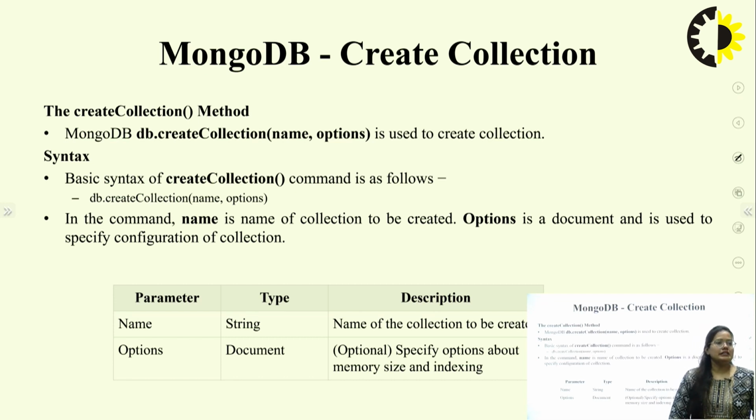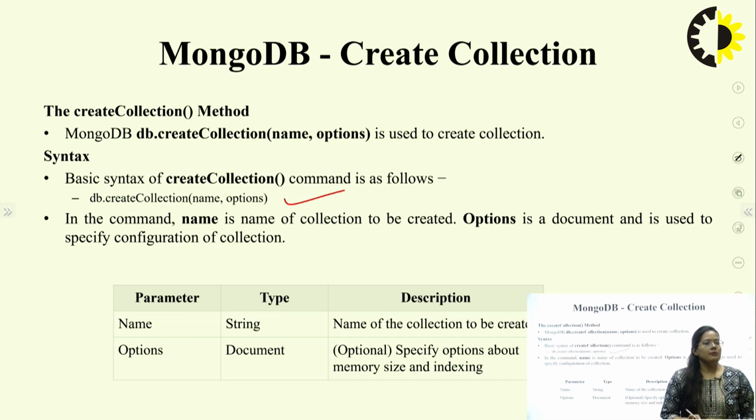Next one is create collection. The create collection method, db.createCollection name comma option, is used to create collection. This is the basic syntax of create collection method. Name is the name of the collection to be created, and option is a document used to specify configuration of collection.